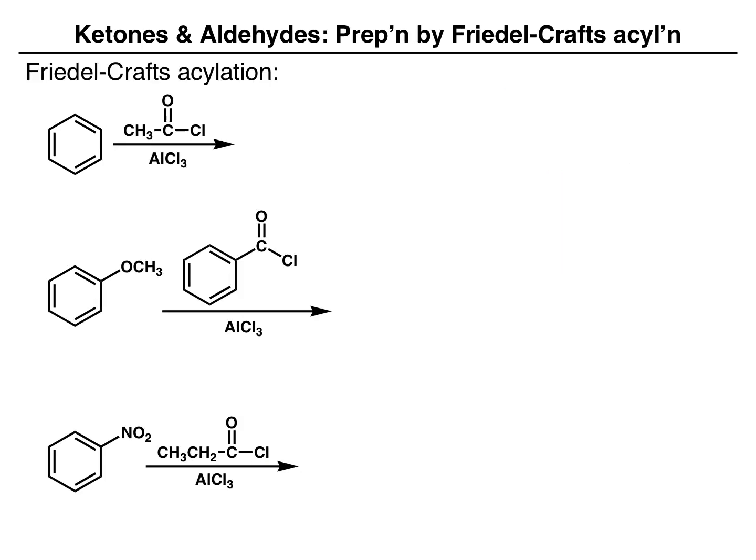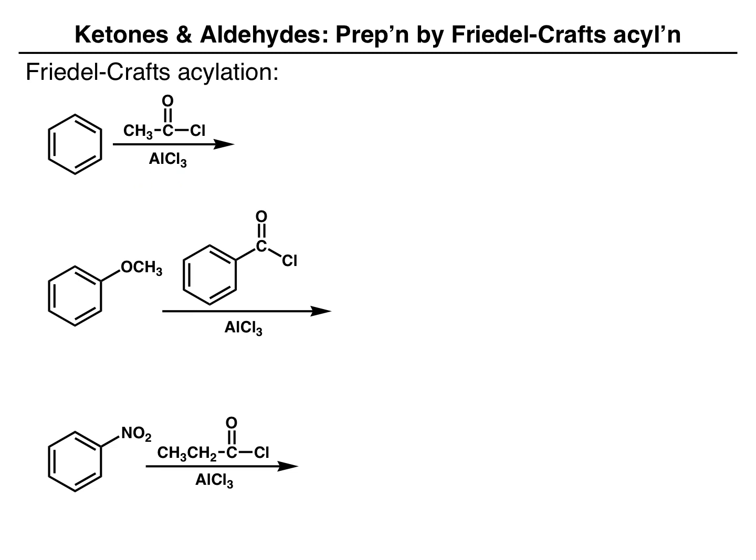Another way that we can access ketones is by carrying out Friedel-Crafts acylation. So rather than just doing a functional group interconversion, here we are actually making carbon-carbon bonds to give us an aryl ketone. So Friedel-Crafts acylation is an example of electrophilic aromatic substitution, and commonly we have an acid chloride and we combine that with a Lewis acid, aluminum trichloride.